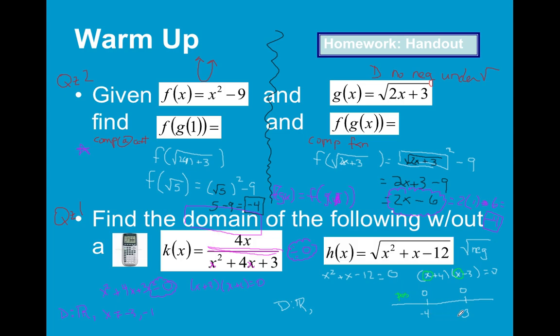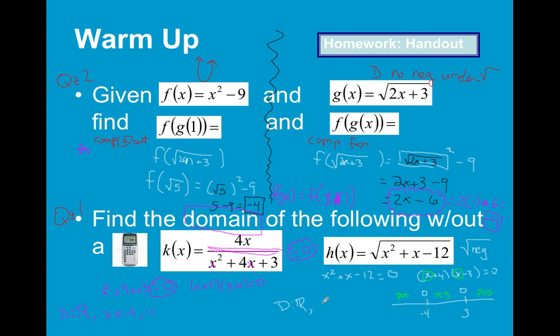I test a number in between -4 and 3, like 0. 0 plus 4 is positive. 0 minus 3 is negative, and a positive times a negative is a negative. I test a number above 3, like 4, and put 4 in here for x. 4 plus 4 is positive. 4 minus 3 is positive, and a positive times a positive is a positive.